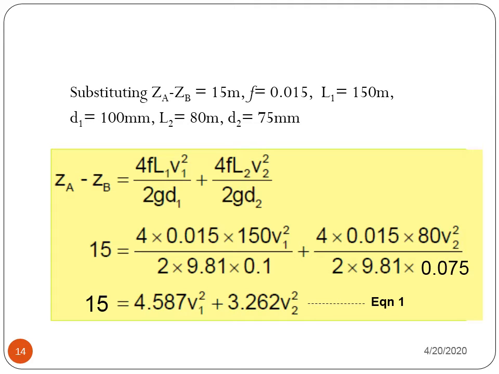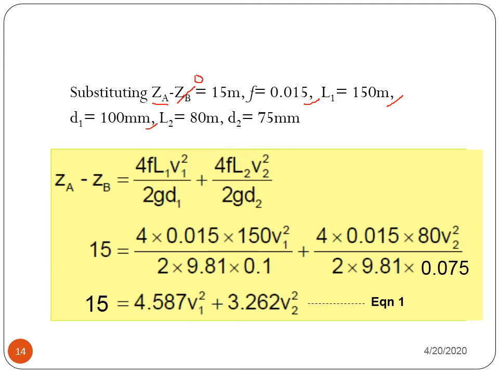Okay, from the question we know that given the difference of head between point A and point B, ZA is 15 meter. If we take point B as datum, ZB will equal 0. So f has been given, length 1, diameter 1.